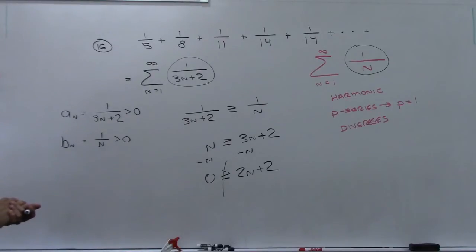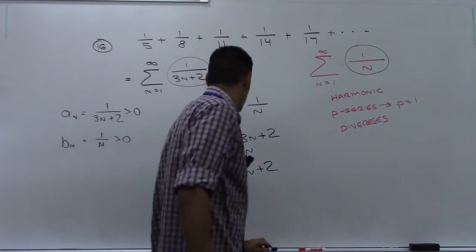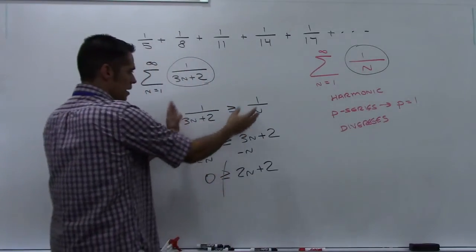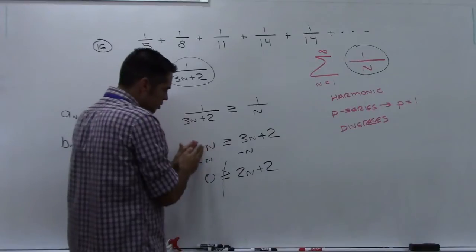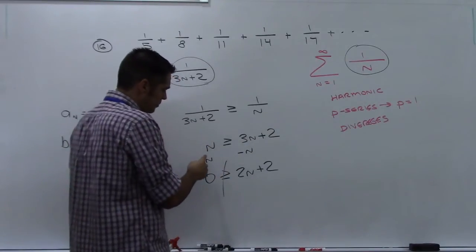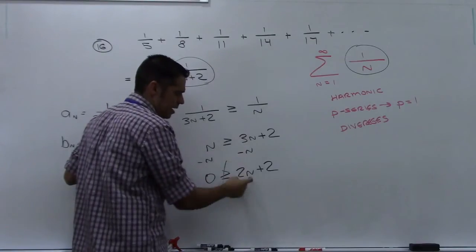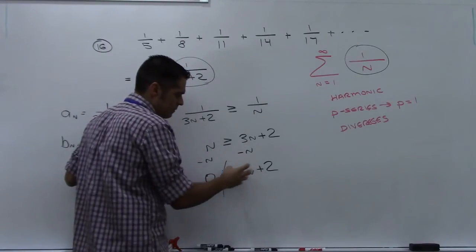So let's think about how we might be able to tweak this so that it would work. What was the problem that I had when I did this? When I subtracted n on both sides, I got 0 over here, and I still had n's over here, and that's going to get bigger.